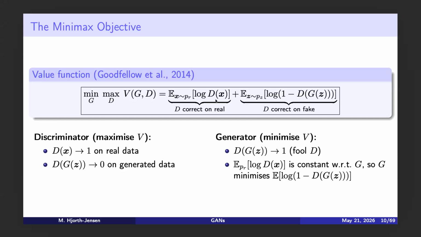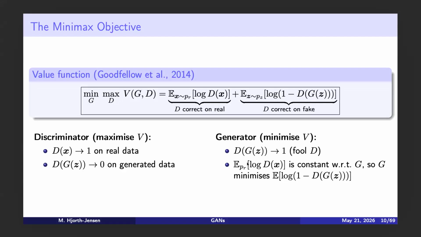So this D of x is meant to mimic a probability distribution. And then we want to minimize the difference between the D correct on a fake value G of z. So the discriminator maximizes V, this function, and the generator is meant to minimize it. So when this D with the input from G of z is equal to 1, then we are fooling the discriminator.